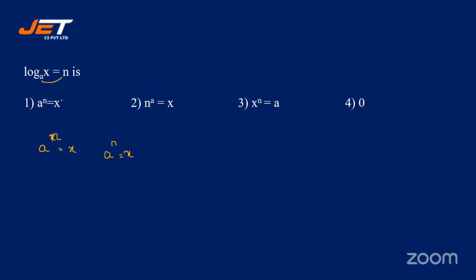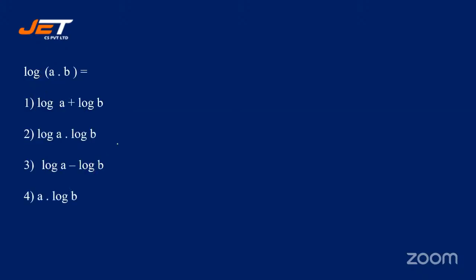This to the power n, your x will become whatever is your base, that will come to the numerator, and this n will go as the power.